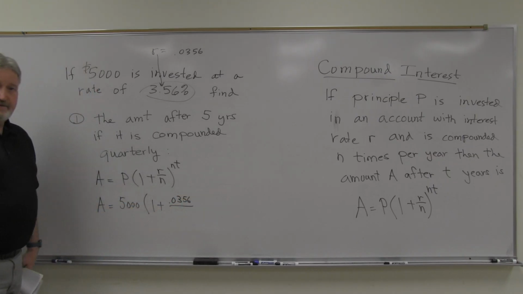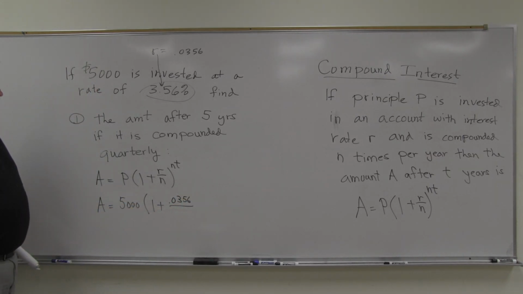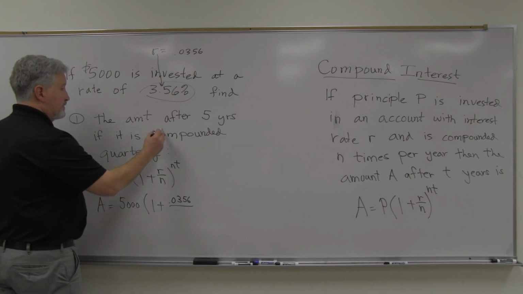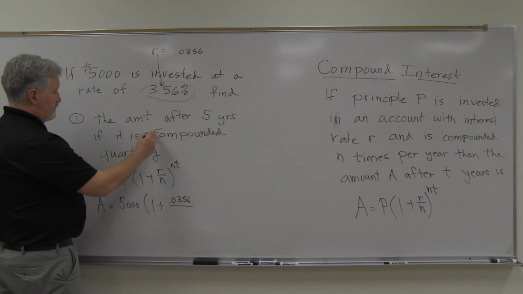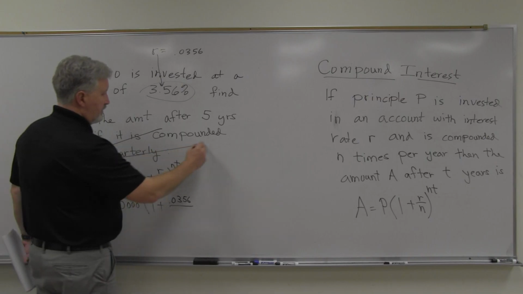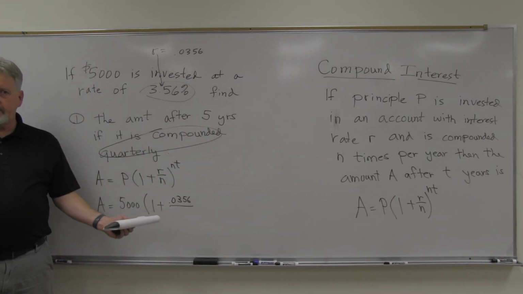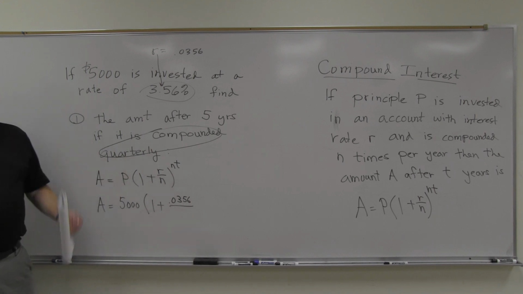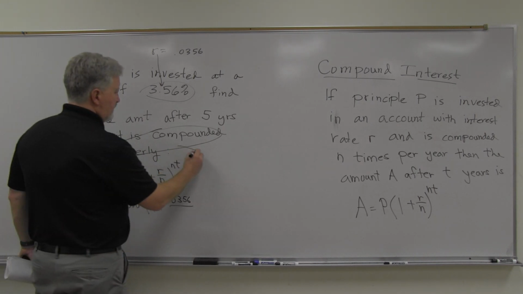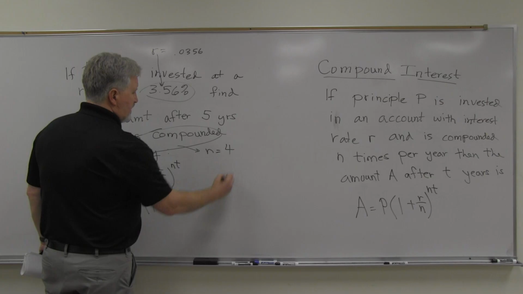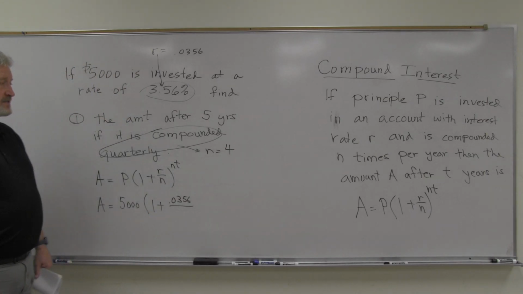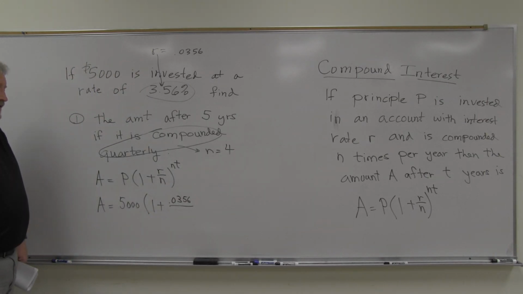Which brings us to the N. N is the number of compoundings per year, N times per year. So I'm compounding quarterly. Quarterly means 4 times per year. N is 4 when you're compounding quarterly. We'll take a look at some others in just a second. But if we're compounding quarterly, 4 quarters in a year.